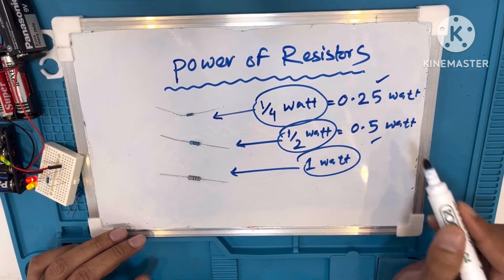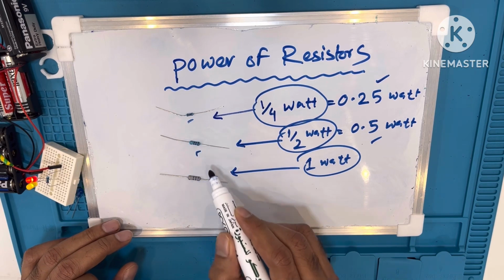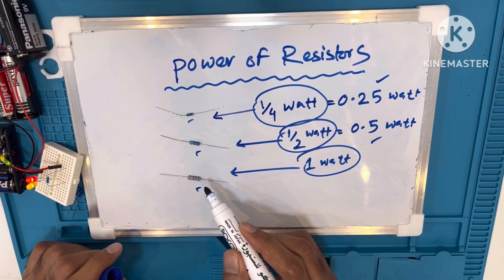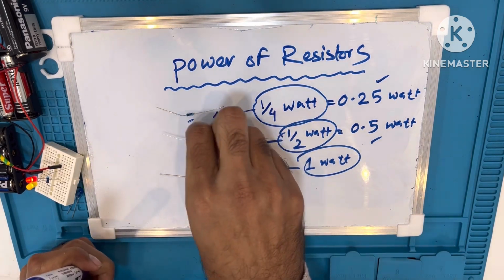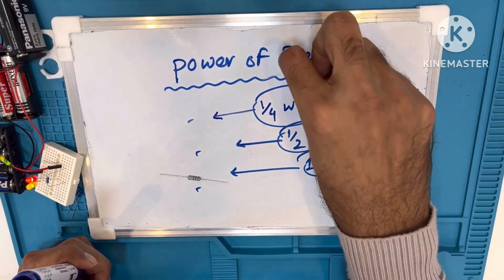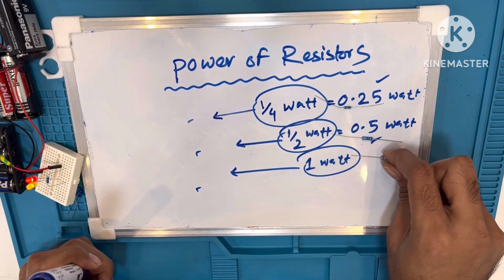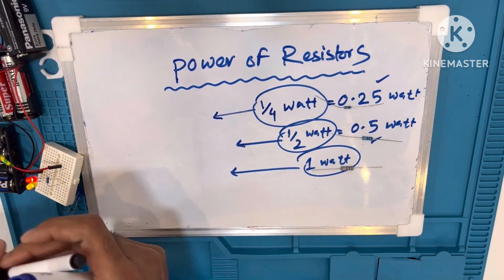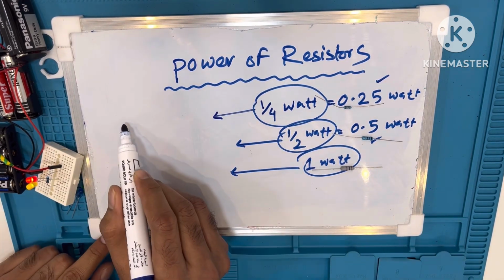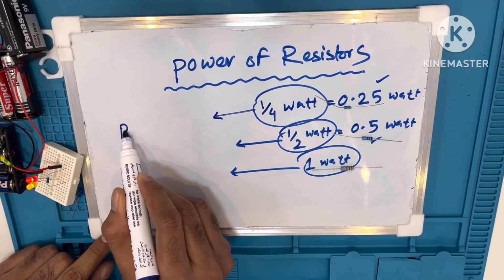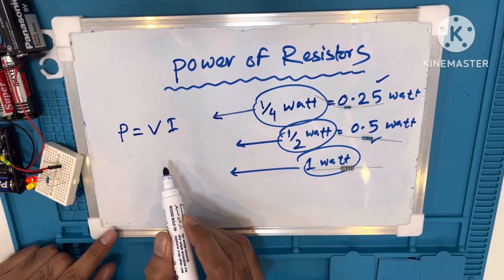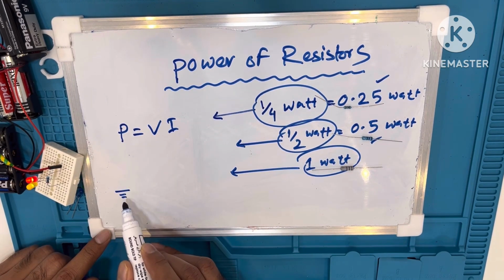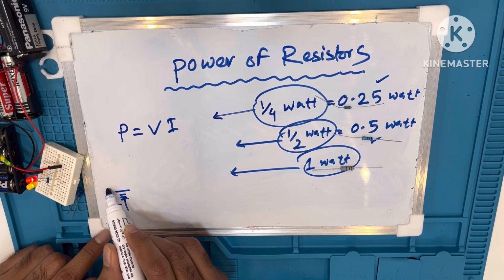Now we will see which resistor I should use in my circuit. We know the power equation P equals voltage multiplied by current. Let's draw a circuit like before to better understand.